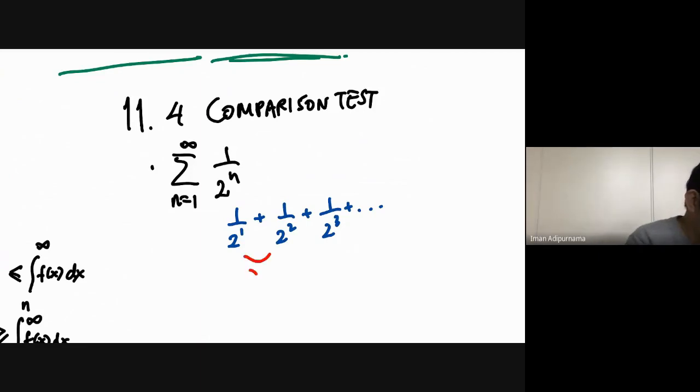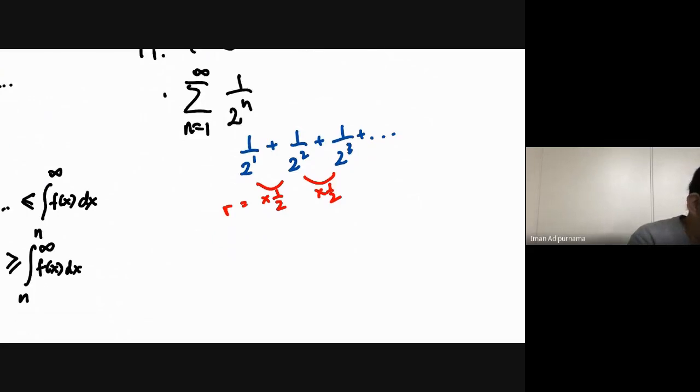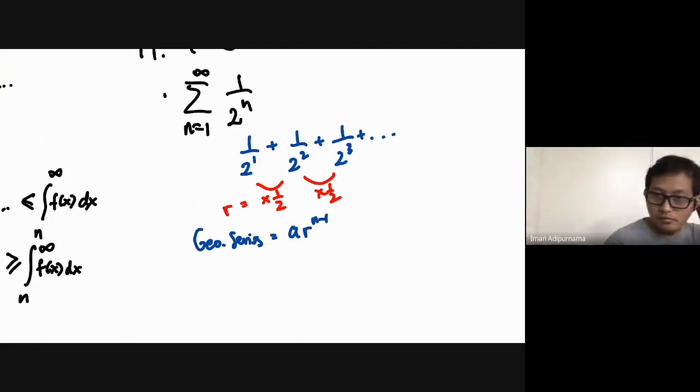You can think of this series as multiplying by half each time, so it has a ratio of half. It's a geometric series, a r to the n minus 1, and the sum is a over 1 minus r.